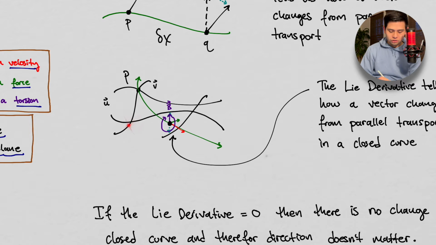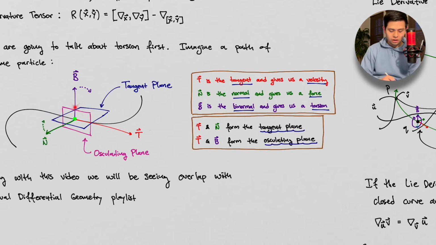Or if the particle were to go this way, and then here, and then to this point up here, so it's going this way and then this way, well, there's going to be a difference once we get to that point Q. Okay, so here's our point Q. And that difference is going to tell us something about the difference in the orientation of that osculating plane.